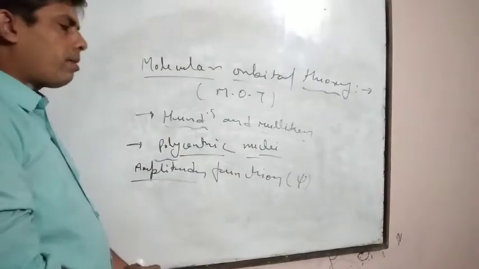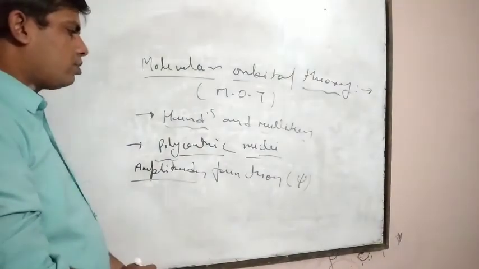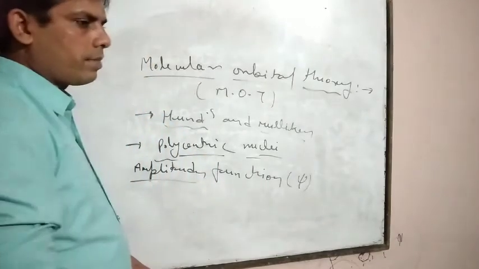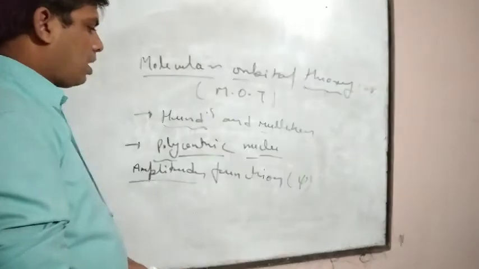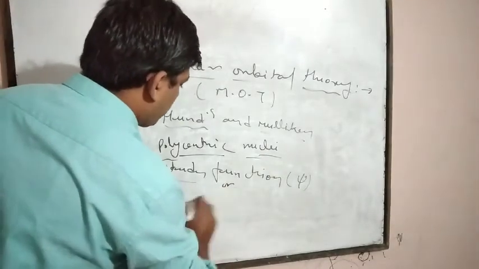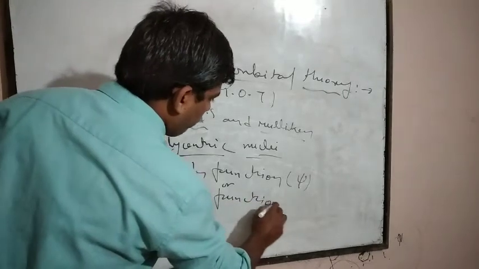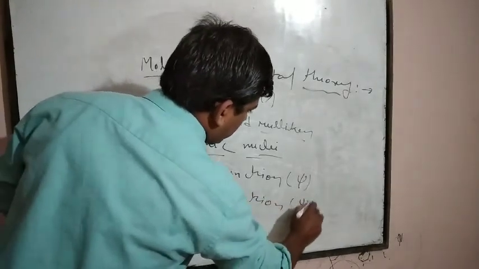To represent an orbital, we need to use the amplitude function psi, the wave function psi.